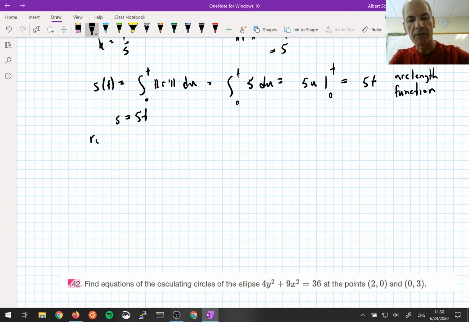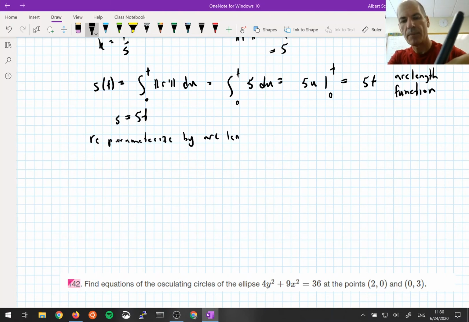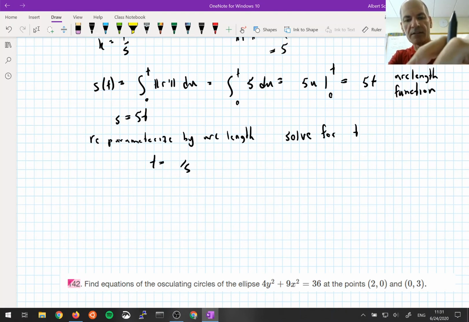If we wanted to reparameterize this circle by arc length, we simply solve for t, and we get t equals s over 5. My s's and my 5's are very hard to distinguish. I apologize for that. And then substitute into the original curve.